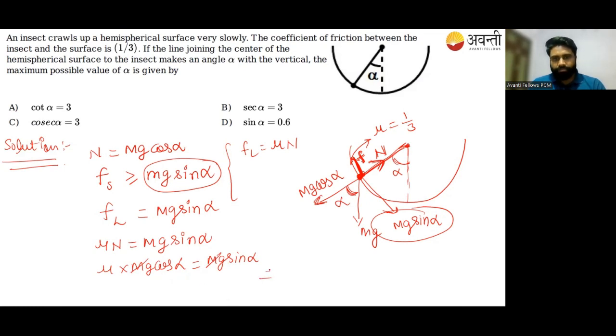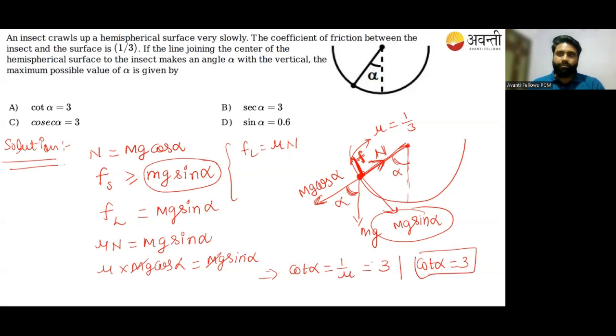It will be cot alpha equals 1 by mu. I have taken mu to the other side, from LHS to RHS. So it equals 3, because mu is 1 by 3. So 3 goes up, and here we have cot alpha equals 3.